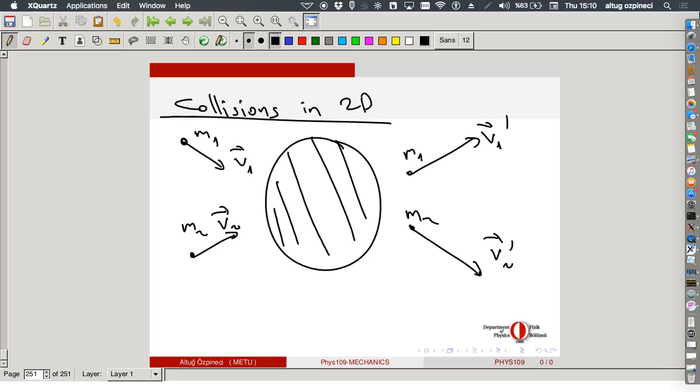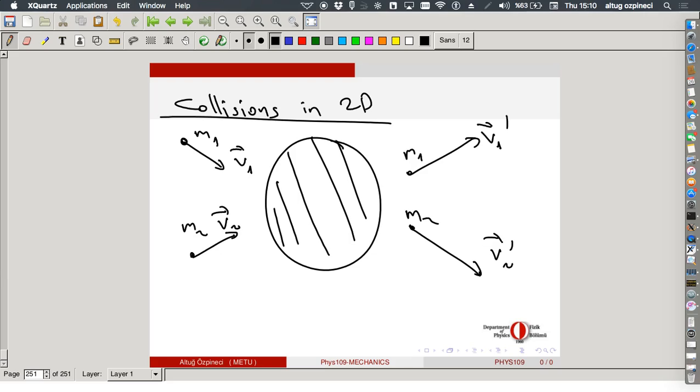For example, F equals ma cannot be applied in certain cases: if the objects are moving close to the speed of light, it is no longer valid. But conservation of momentum is always valid. We have never observed any violation of conservation of momentum yet.